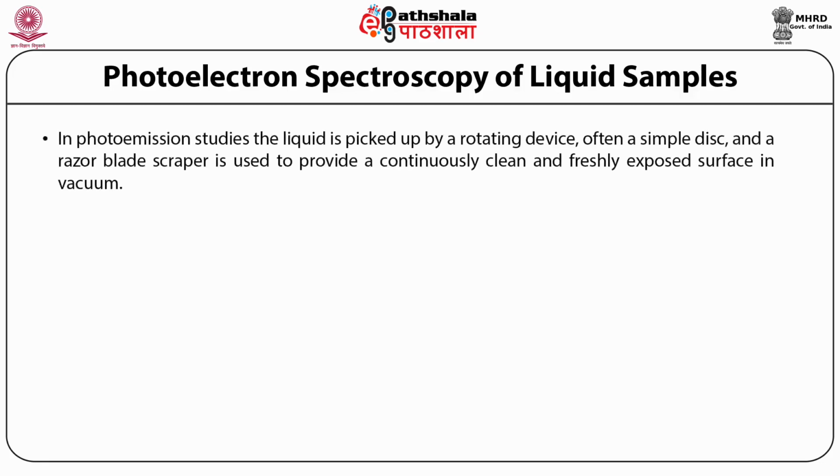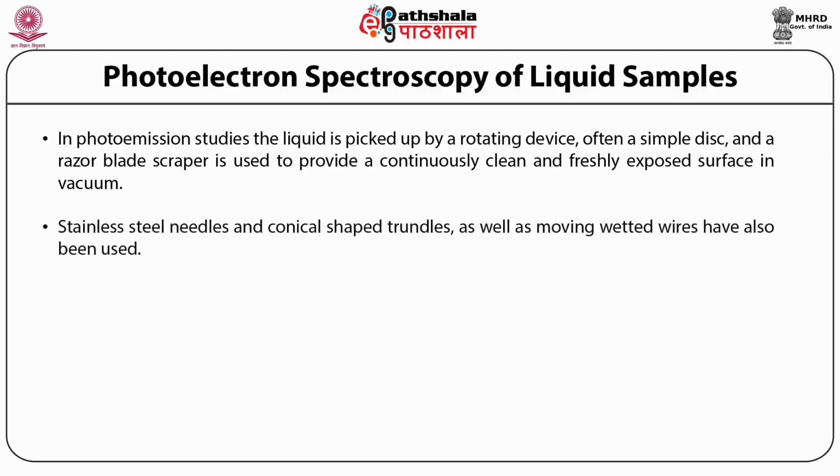In photoemission studies, the liquid is picked up by a rotating device, often a sample disc, and a razor blade scraper is used to provide a continuously clean and freshly exposed surface in vacuum. Stainless steel needles with conical shaped tips as well as moving weighted wires have also been used. In all such experiments, liquid surfaces were limited to equilibrium vapor pressure not greater than about 0.1 torr.